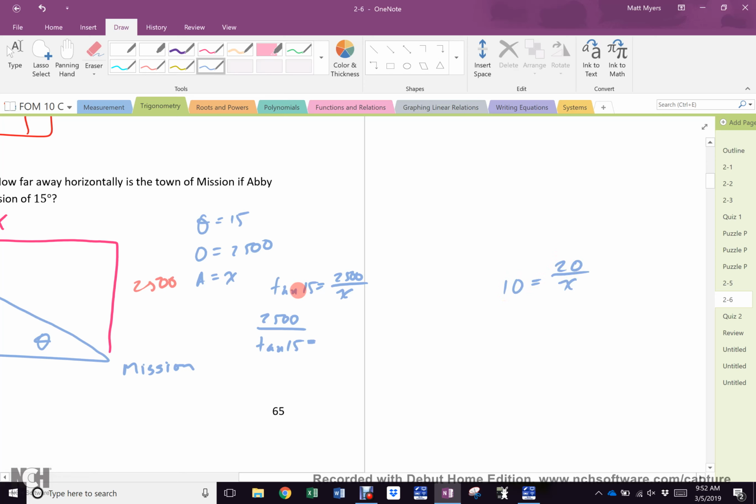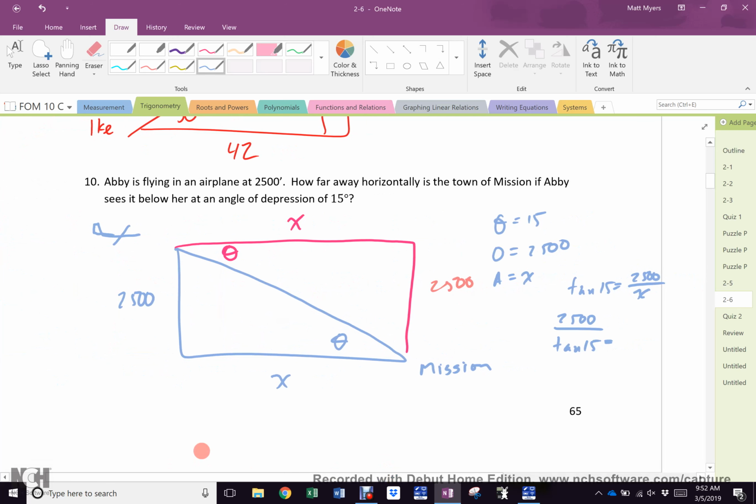Because tan 15 is just a number, just like 10 is just a number. The only thing that's weird about writing it here is you don't know this value. But what does know this value? Your calculator. Right? So of course, if you can do regular algebra, you can do trig. If you can't do regular algebra, that's why I got X blocks. Okay?